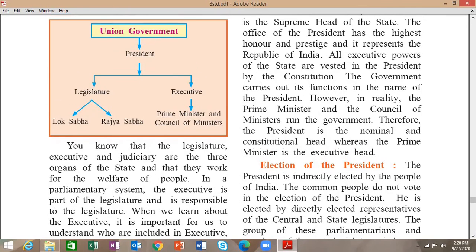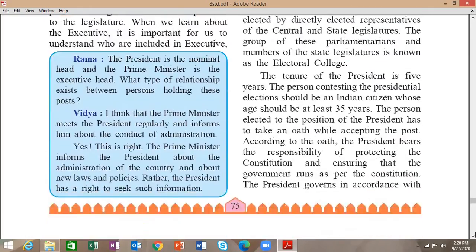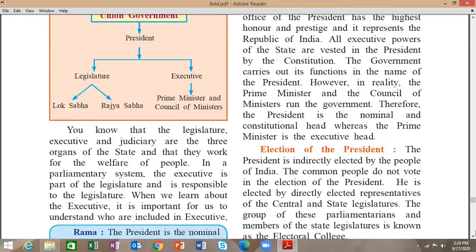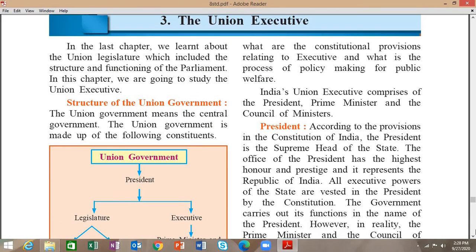And as said before, the President is just a nominal head or a constitutional head, but the real power lies with the Prime Minister and the Council of Ministers. The provisions are laid down in the Constitution in such a way that the President is just a nominal head, but the real power is with the Prime Minister and the Council of Ministers.